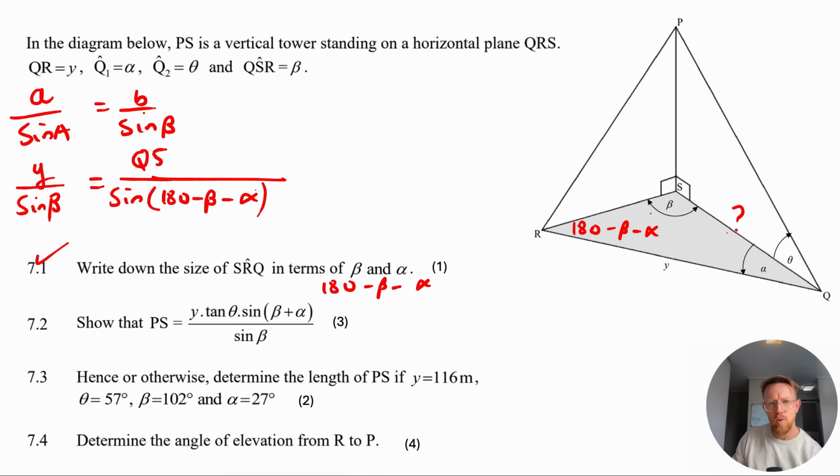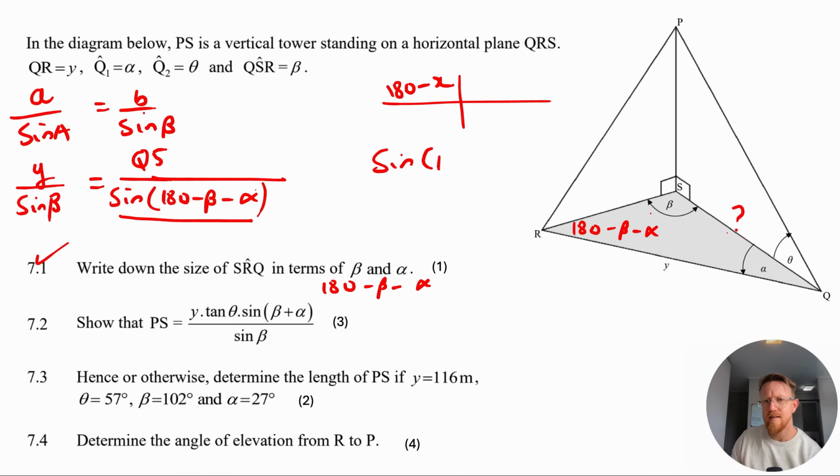Now we just need to talk a little bit more about this part over here. So we know that on a CAST diagram, if we had 180 minus x, and I said to you, what is the sin of 180 minus x? Well, you would know that sin is positive in that quadrant, and you would just reduce this to sin x. So whenever you have the sin of 180 minus something, it just becomes the sin of that thing.